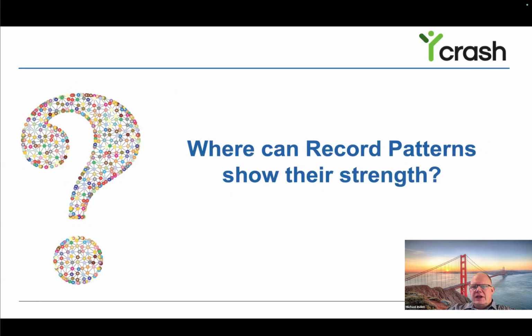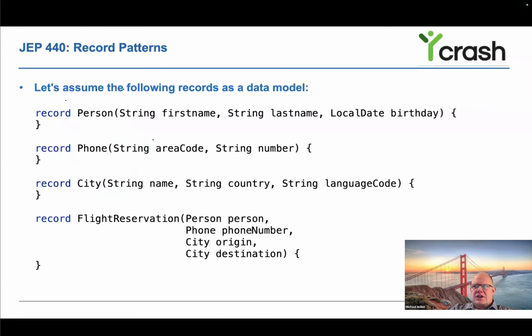Where do we see the best parts of record patterns? Where do they show their strengths? In legacy code, if you have to check a lot of things, things can get really cool using record patterns. Imagine we have a flight reservation consisting of a person, a phone number, and two city information. What we want to do is perform some checks.